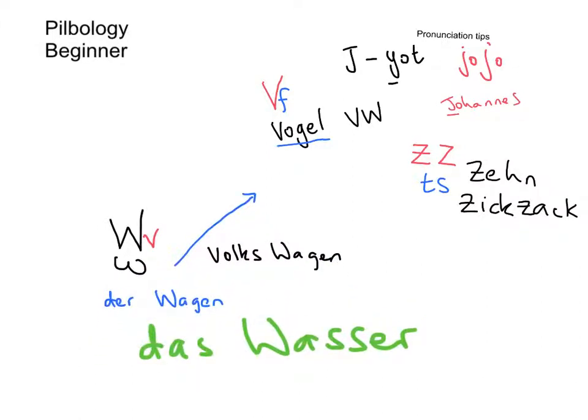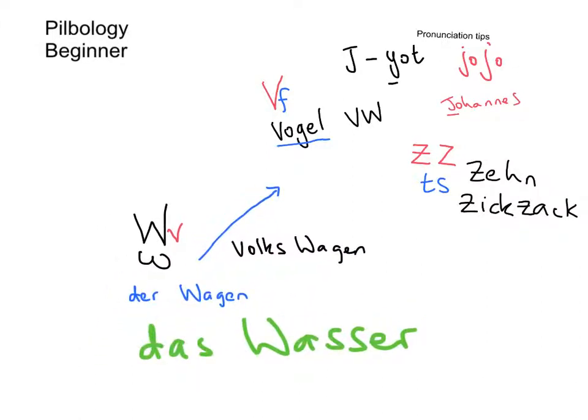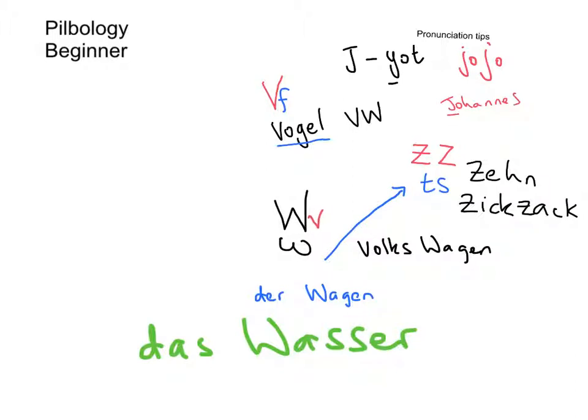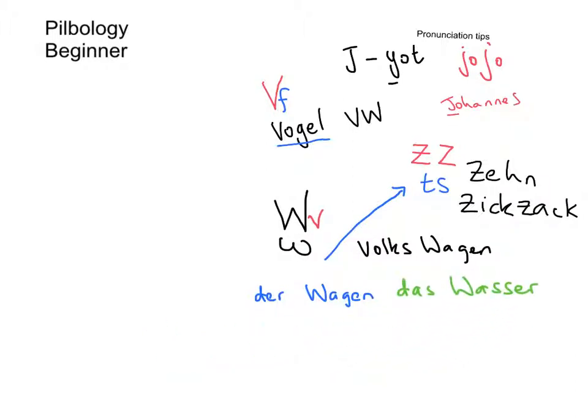Let's merge these crazy kittens together and get them out of the way. Because the next one that's coming up is the pronunciation of this combination of letters and this combination of letters. Now, in German, we don't have a st sound at the beginning of a word.